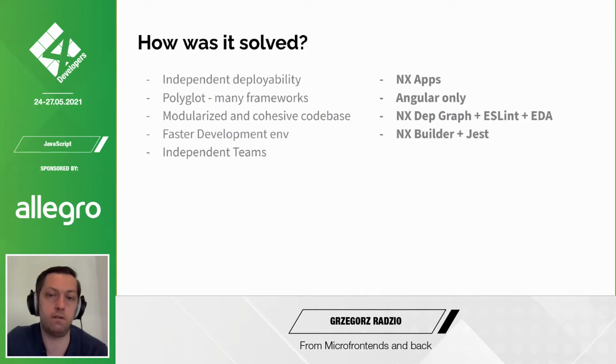Then for the faster development, sure, NX, since we're using apps, allows us to build in separation. So as a developer, I can build only the app I'm working on, and then we can use Jest. We're actually using Jest in comparison to Jasmine. It's a lot faster because it doesn't build the whole application, and it doesn't run in the web environment.